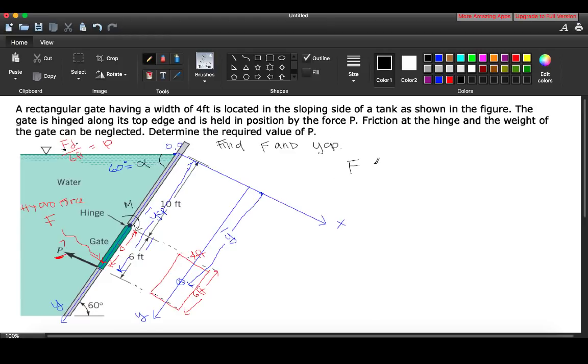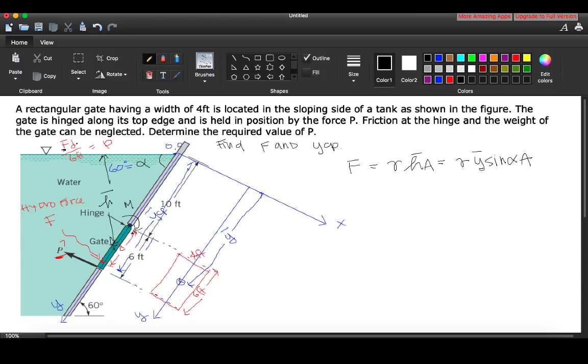Well, the force is going to be equal to gamma H bar A or gamma Y bar sine alpha A. It really doesn't matter which version you use, H bar or Y bar. It really doesn't matter because this is your H bar, right?